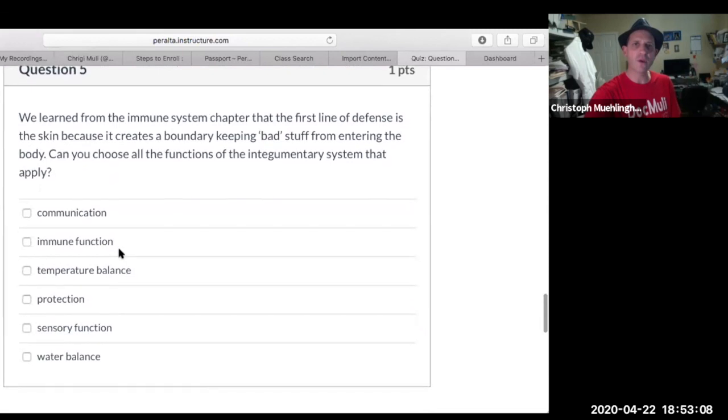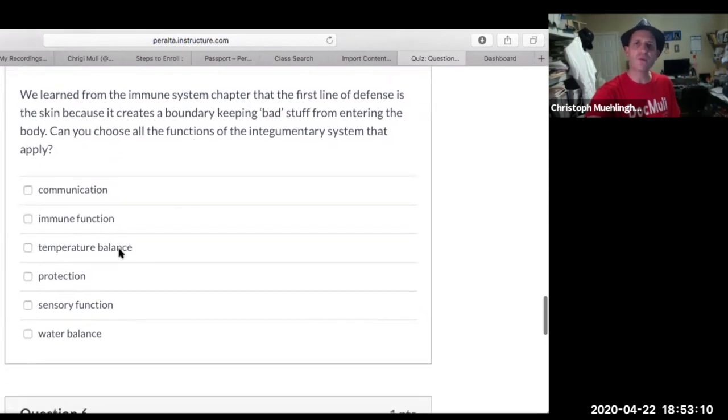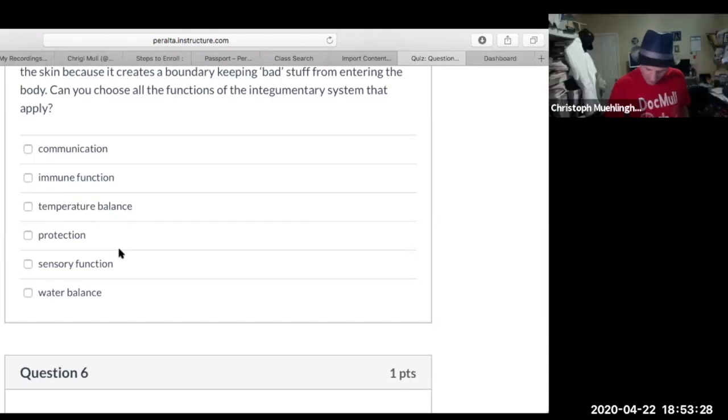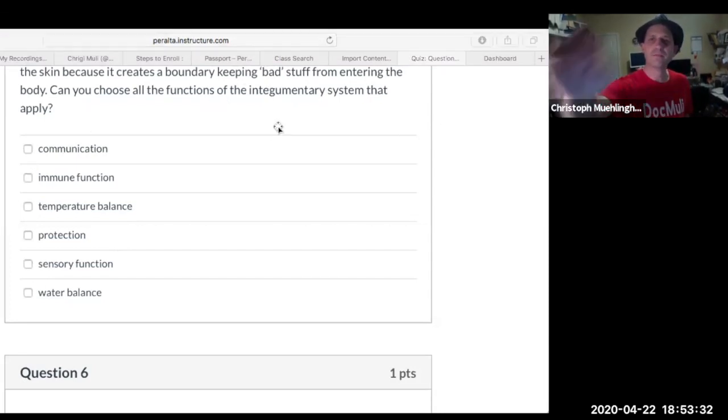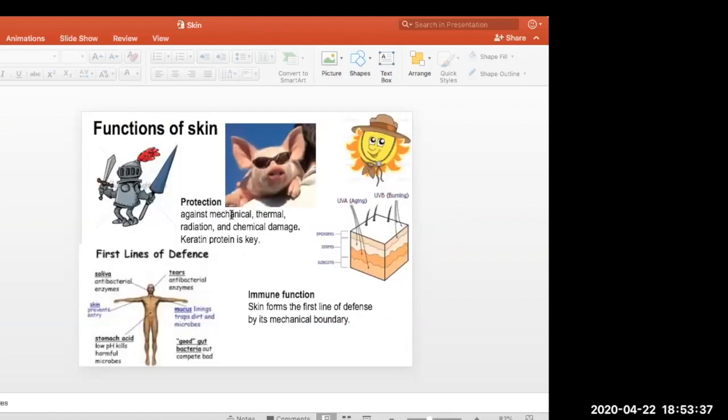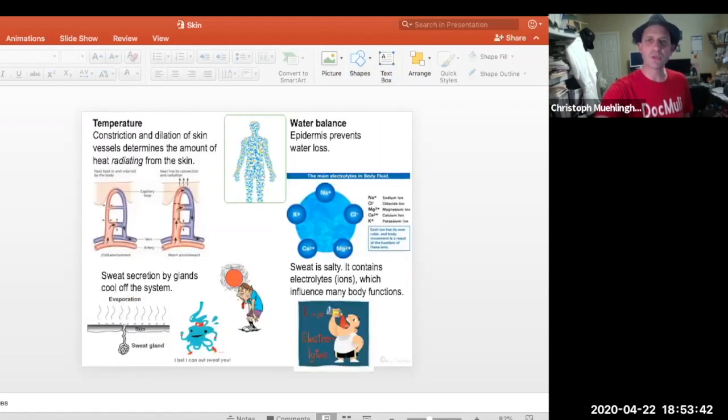Okay, question 5, open for everybody. We learned from the immune system chapter that the first line of defense is the skin, because it creates a boundary that keeps the bad stuff from entering the body. Can you choose all the functions of the integumentary system that apply? All of them. Okay, we got everybody, all of them. So yes. Protection, immune function, temperature regulation.